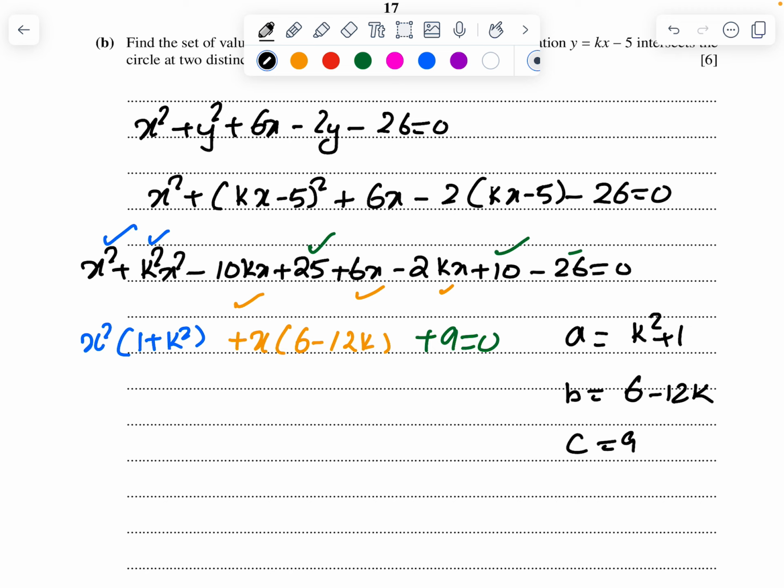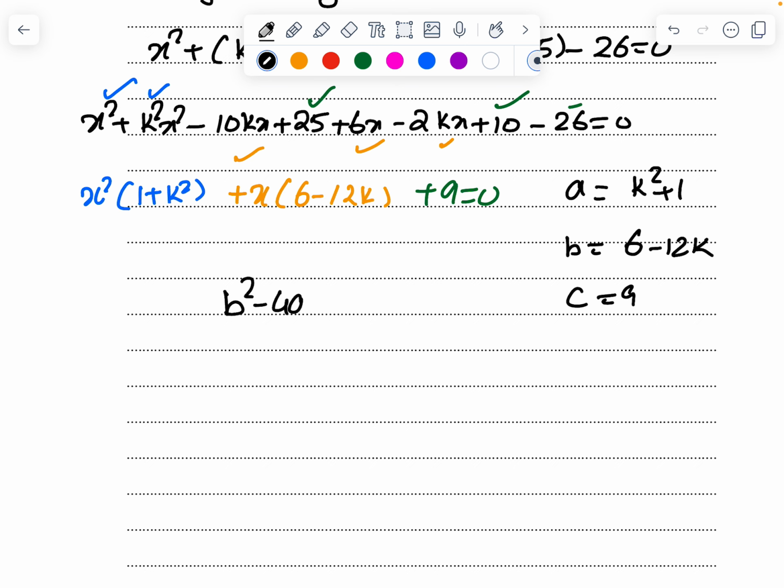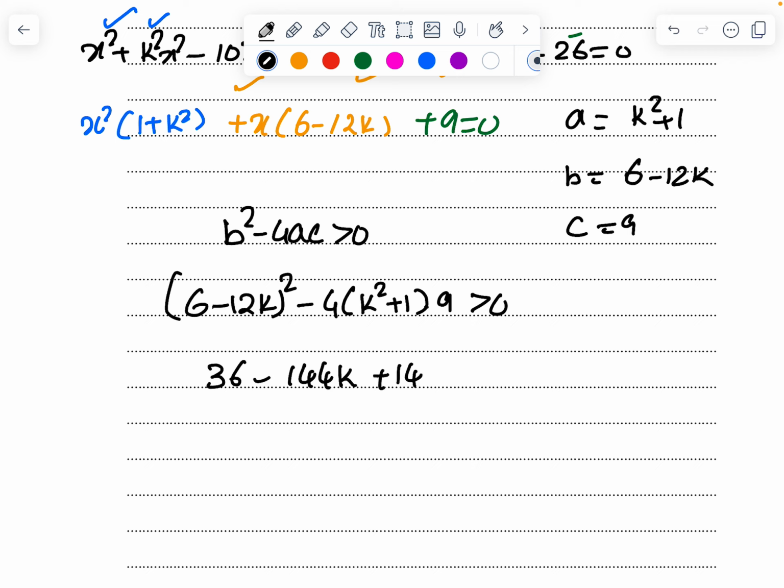He says that there are two distinct solutions. So B² − 4AC is greater than 0. (6 − 12k)² − 4(k² + 1)(9) > 0. So it becomes 36 − 144k + 144k² − 36k² − 36 > 0. 108k² − 144k > 0.